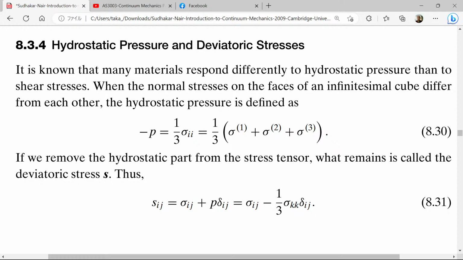It is known that many materials respond differently. Yeah, it's okay.